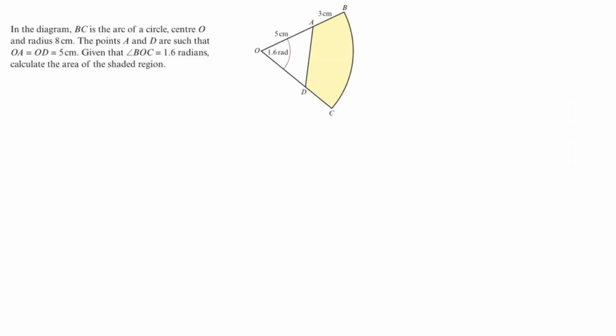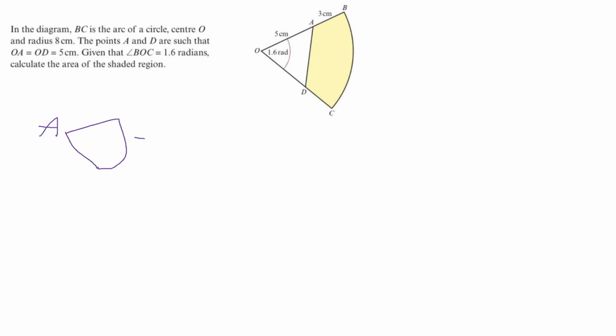Now, let's look at this example of the area. In this diagram, BC is an arc of a circle, and we know that this is 8 centimeters in radius. So given that OA equals OD, given that BOC is 1.6, calculate the area of the shaded region. Well, the first thing we need to note is the area of the entire thing.